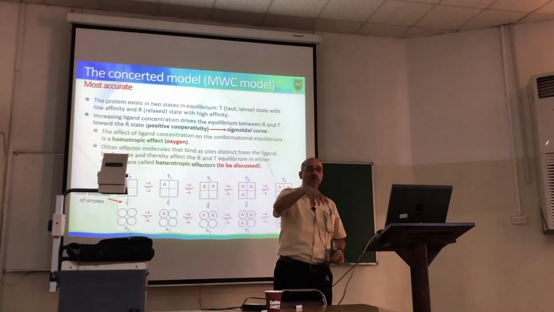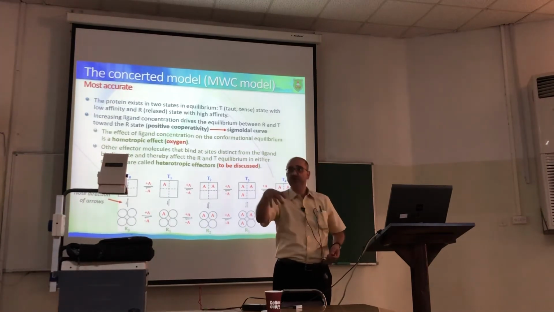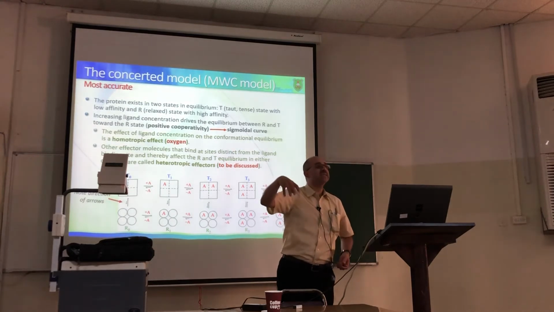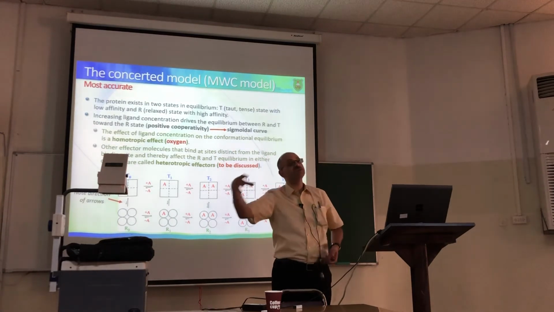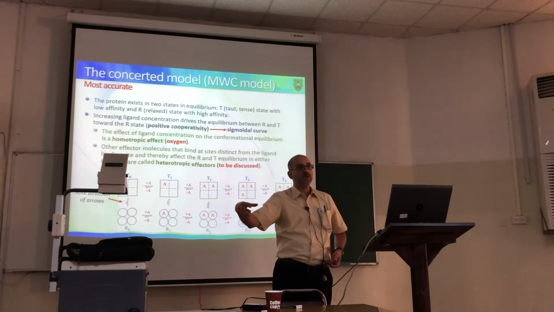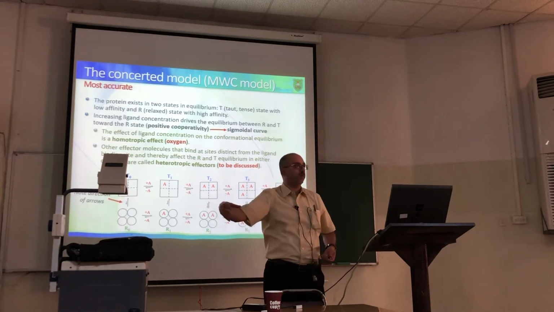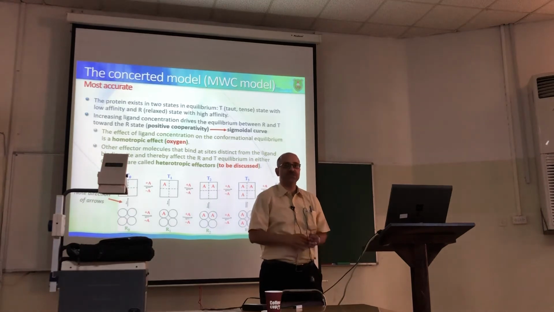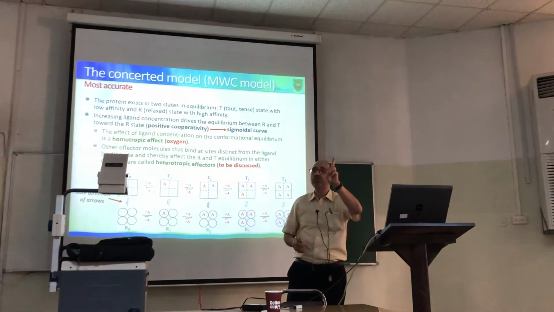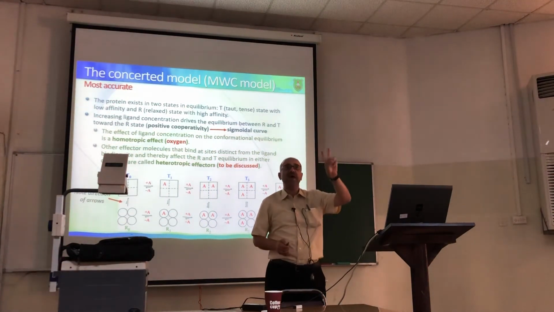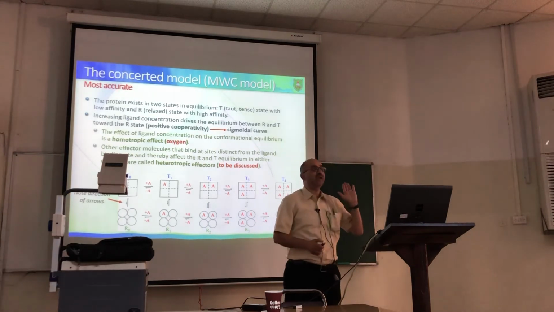No. The molecule changes structures from R to T. But it stays in the T for a long time. It can change to R. Okay? But really quickly it changes back to T because there is no oxygen. Got it? So there are two structures only, T and R, and they exist in equilibrium.